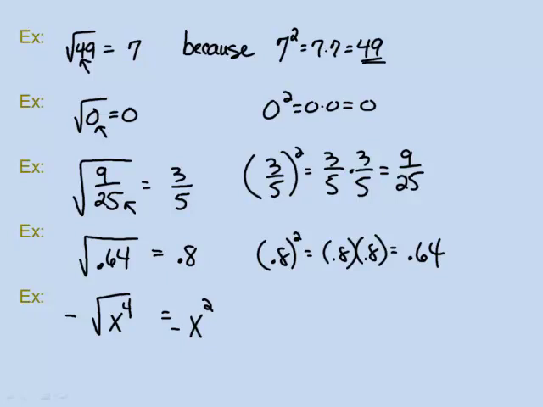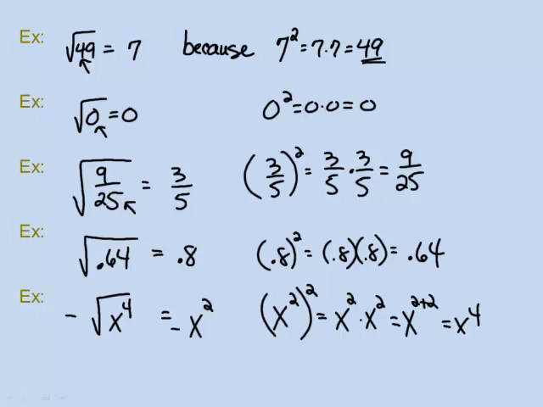x squared. Okay? So to check that, let's just check the radical piece first. We've got x squared, and when we square it, we think we should get x to the fourth. So that would give us, if we expanded it out, x squared times x squared. You add your exponents. X to the 2 plus 2 power is x to the fourth.